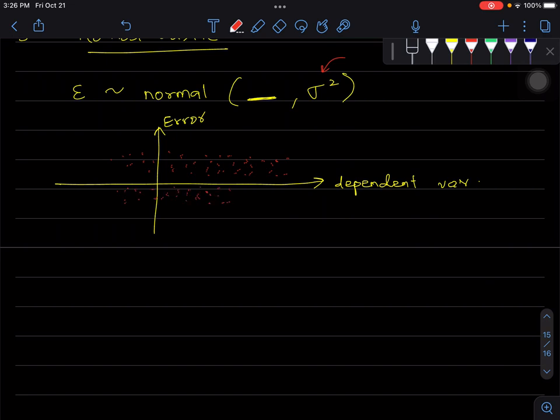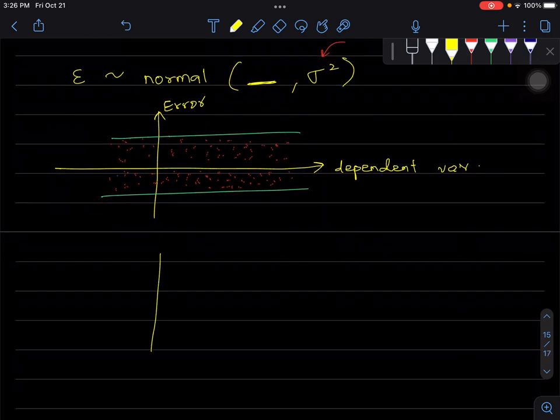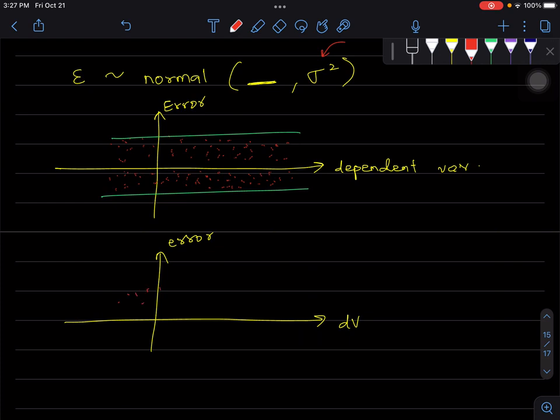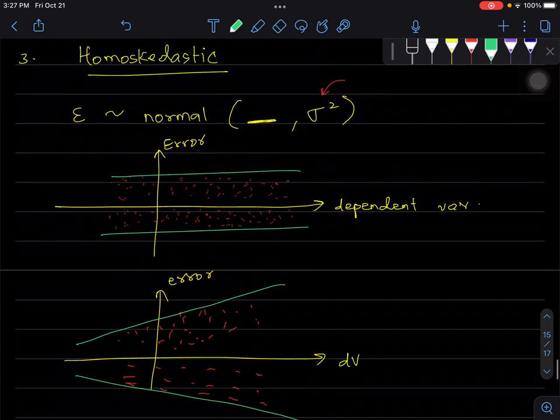Well, you can say it's normally distributed as well, because if you draw a graph, this is something that would look like it's scattered evenly. What would not be scattered evenly is if we have a graph like that, with the dependent variable and the error, and it looks something like that, right? So that is not evenly distributed. That's what it would look like graphically, but that's what it means: homoscedastic is that the distribution has a constant variance across i.